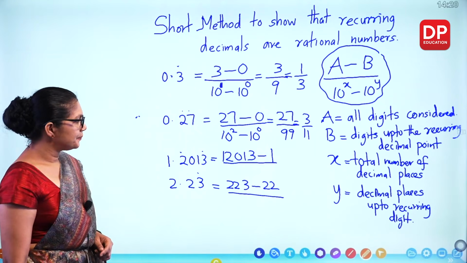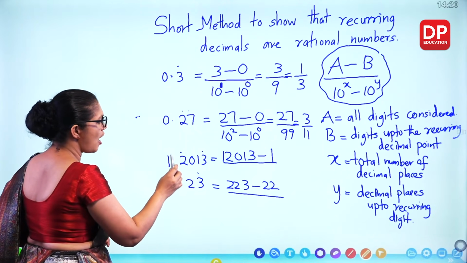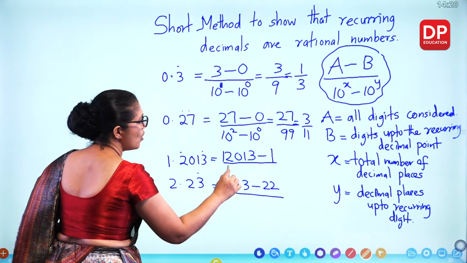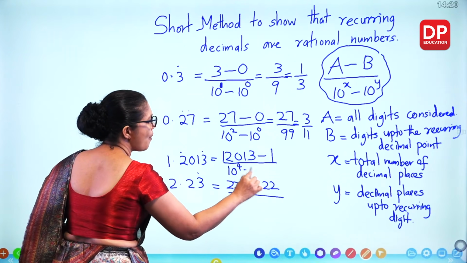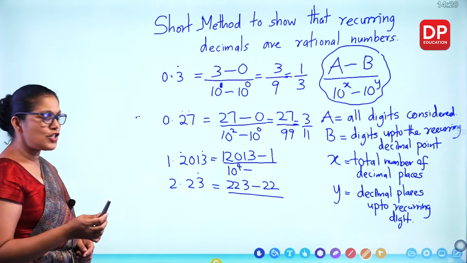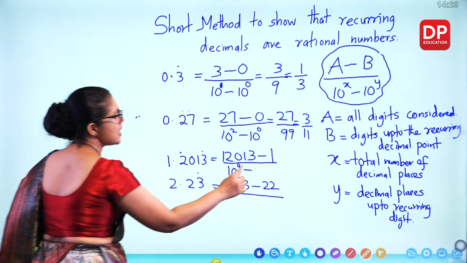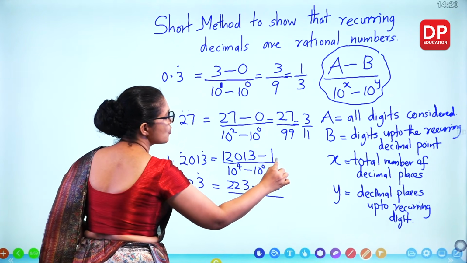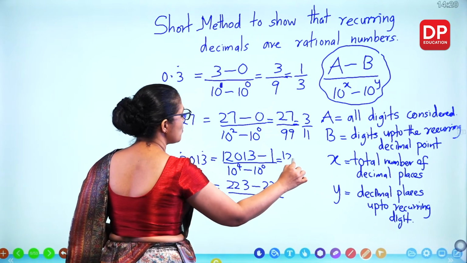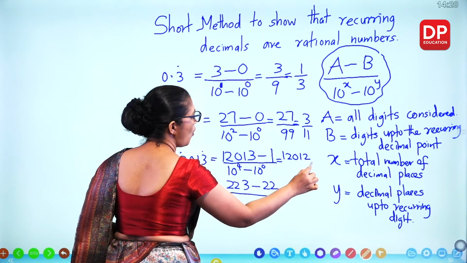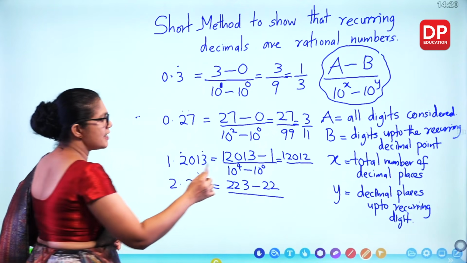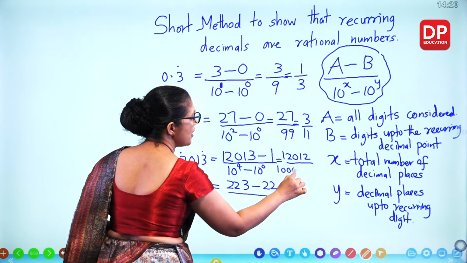What about this one? What's the number? How many decimal places are there? 1, 2, 3, 4. So 10 to the power 4 minus, how many decimal places up to the recurring digit? There's nothing. So 10 to the power 0. So what's the number? When you subtract 1, you get 12,000. 12 over 10 to the power 4 means how many zeros? 1, 2, 3, 4.